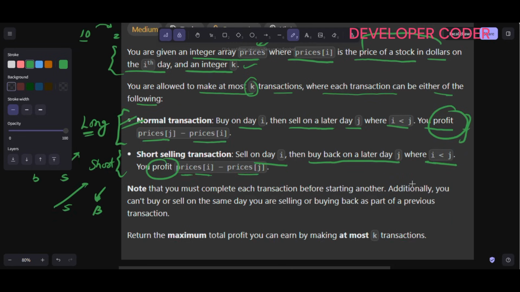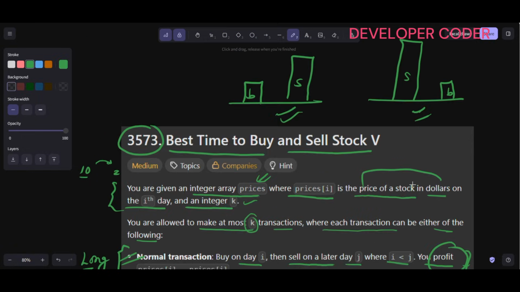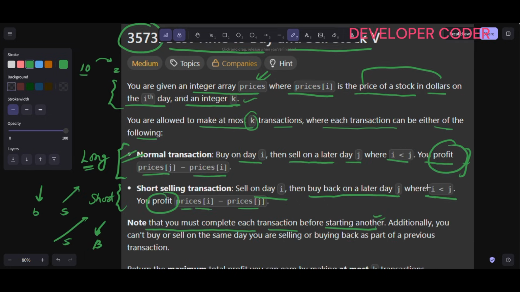Okay, so note that you must complete each transaction before starting another. I have one k value. So let's say k is equal to 2. That simply means at most 2 transactions I can do. So first I need to finish this type of transaction, only then I can start with this. Clear?